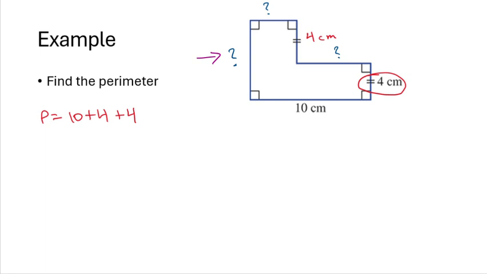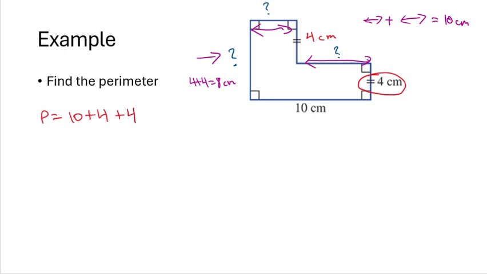If you add those two lengths together, it ends up being 8 centimeters. And the question mark on the top and the question mark on the far right, if you add those two together, it's the same thing as 10 centimeters. So you know that the smaller line plus the larger line equals 10 centimeters.